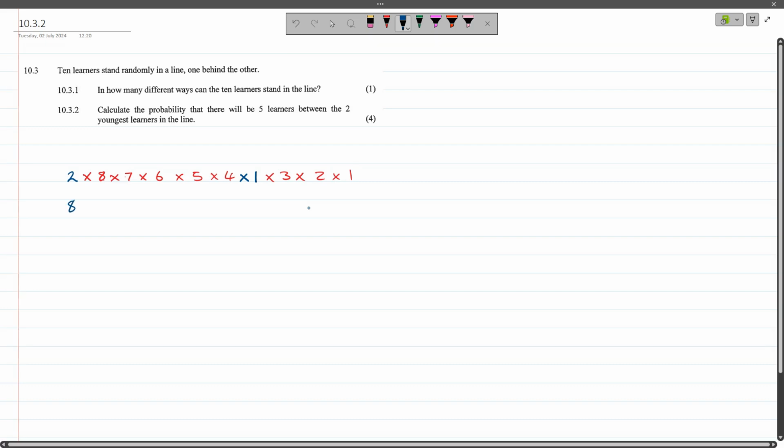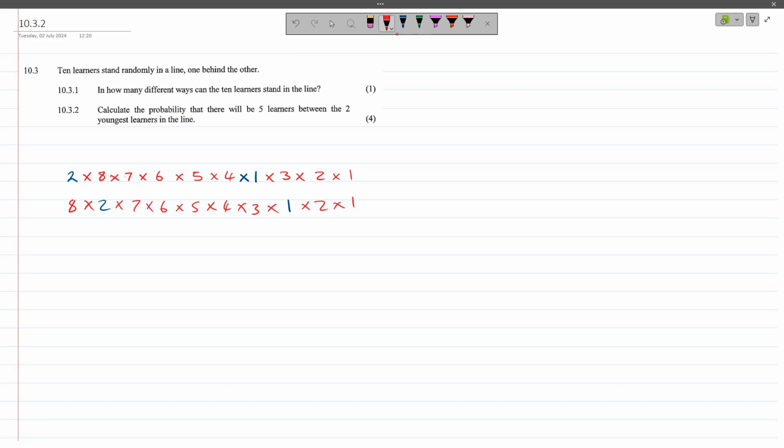The next one will just be 8, or rather if I keep to the same format, it'll just be 8 times, and then you have your 2 times 7 times 6 times 5 times 4 times 3, and then times the other young kid, because we have 5 now, and then times 2 times 1, like that. So they can just move like that. As long as there are 5 kids in between, then everything is fine.